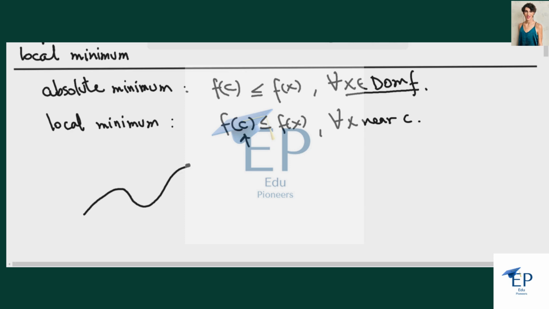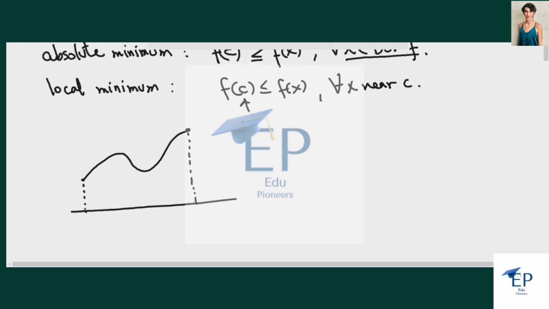Let's say that the function has this domain I'm drawing here. That is, the domain is this closed interval AB, let's say. So we can see that the smallest of the images of this function happens here at the left endpoint.